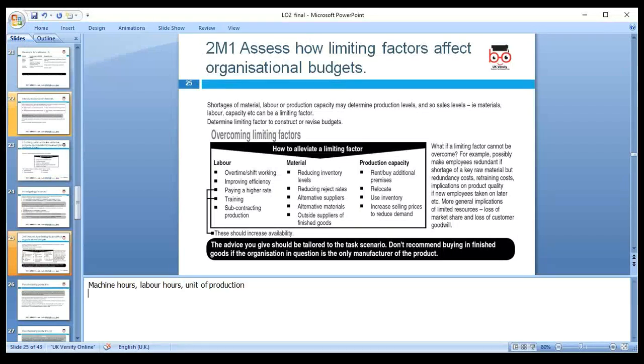Whatever labor hours we have, we can make product A and product B. One product's contribution is £10, the other product's contribution is £15. Where we use our resources more, we get the higher contribution.